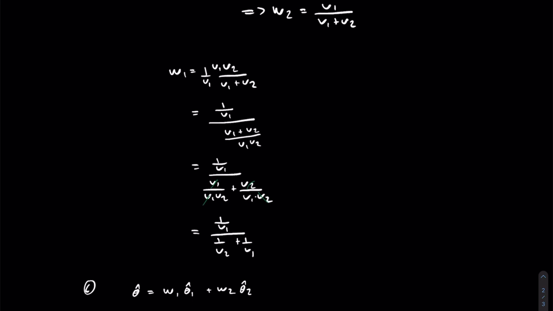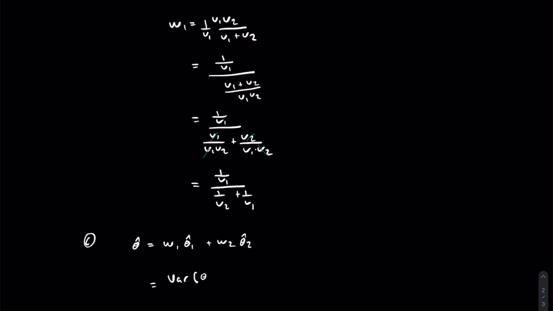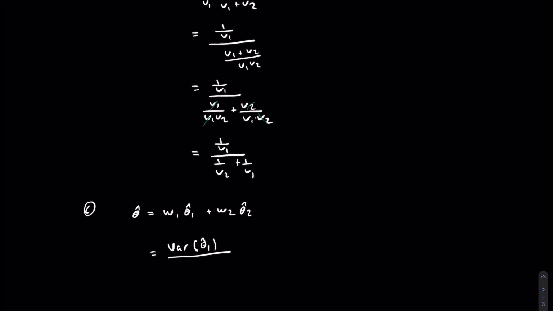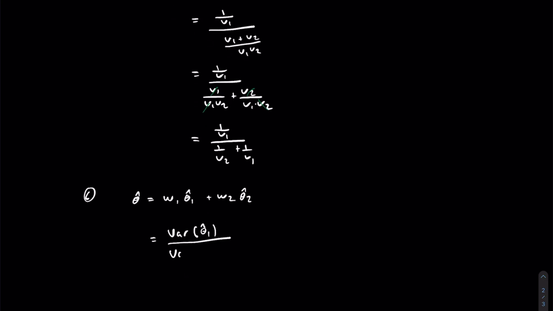So variance V1 is the variance of theta 1, and that is divided by the variance of theta 1 plus variance of theta 2, and that times theta 1. And we have obviously this plus 1 here.